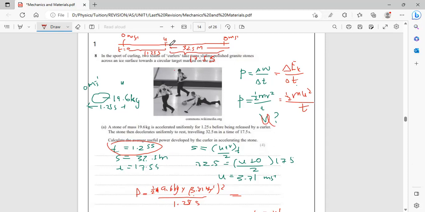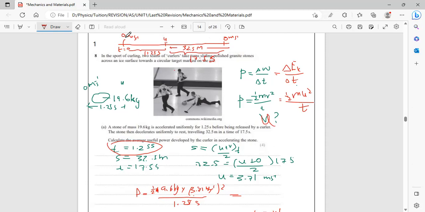A simple question, but mathematically you need to link a few different concepts like power, energy, and motion. How can you find the u?